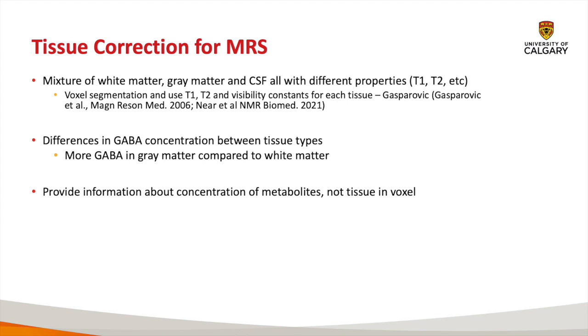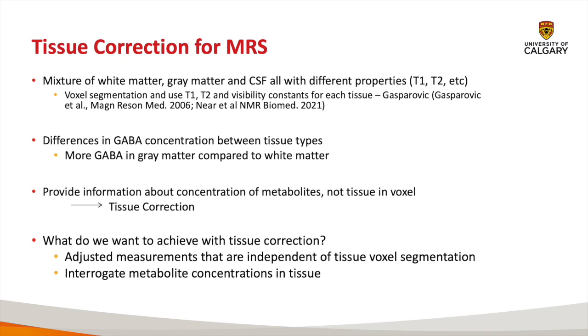And we know that there's more GABA in gray matter compared to white matter, and we know that there's a negligible amount of GABA in CSF. What we want to do is provide information about the concentrations of metabolites in tissue. We don't want to provide information about the tissue in the voxel. And so that's where we come with this phrase of tissue correction.